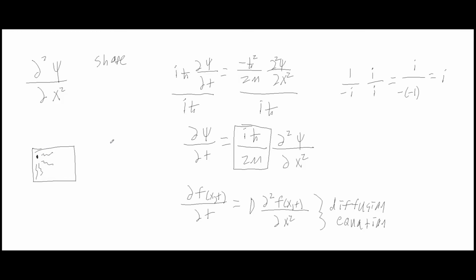So you can imagine if you have heat here, it's going to diffuse in all 3 dimensions. And this tells us how that heat looks in space as it diffuses over time.